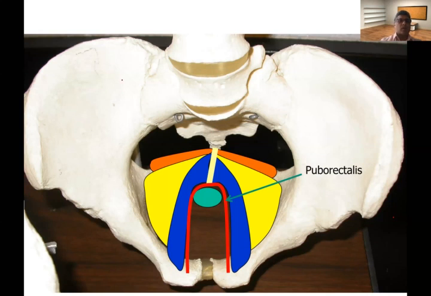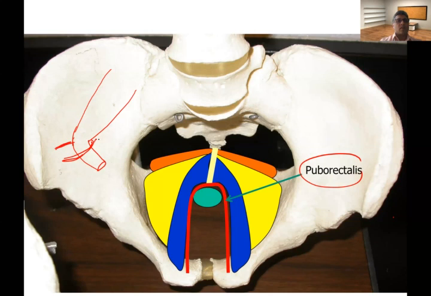Now, if you remember the planes in the previous one, you saw the rectum like this, parallel to the pelvic inlet. Then you saw the anus, the anal canal, almost at right angles to the pelvic inlet. Now, this puborectalis muscle is like this. It forms a sling around the anorectal junction.